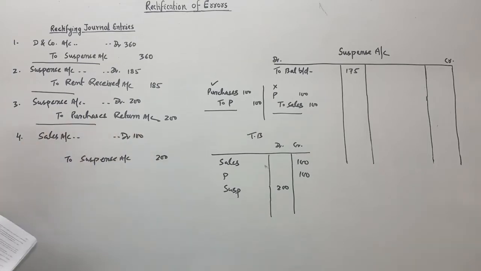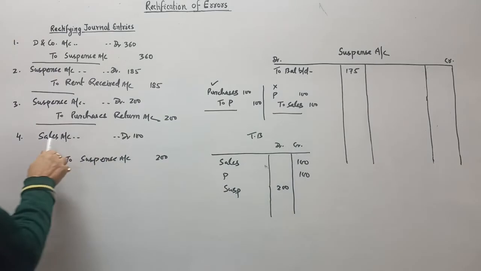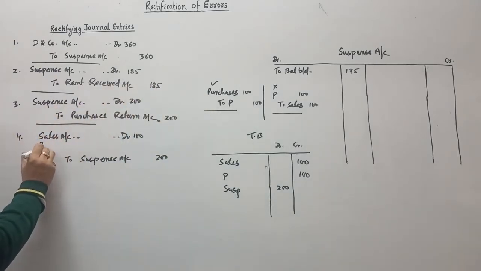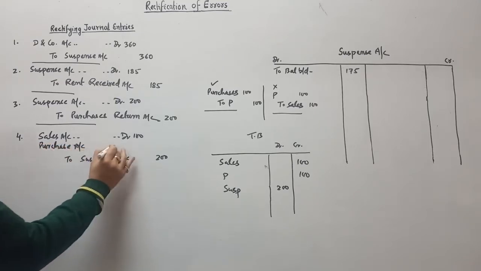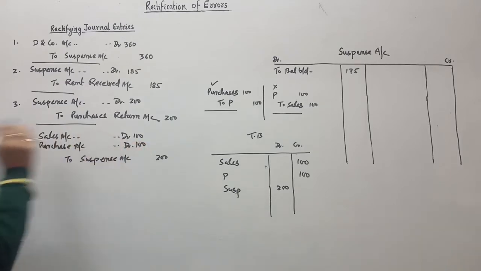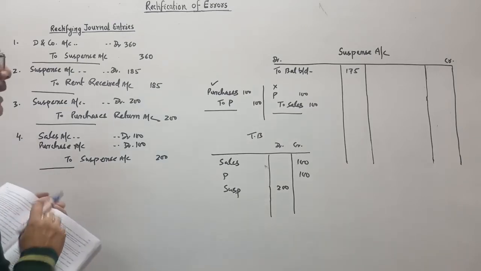Sales account is credit. To cancel this account, what will we do? We'll debit the sales account. Purchase should be at the right place, so purchase is in debit, so we have to write in the debit side, and debit in the journal 100 rupees in the debit side. Purchase account debit by 100.